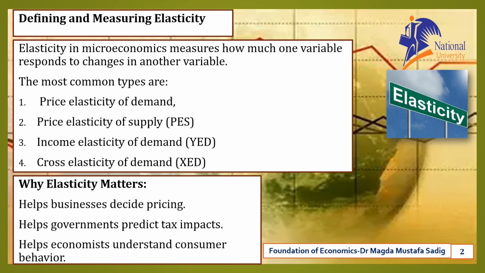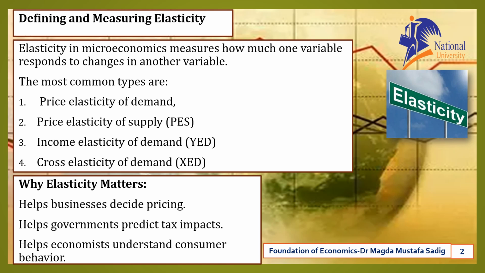Income elasticity of demand. This shows how demand for a product changes when people's income changes. For example, if your income goes up and you buy more luxury cars, that is a high income elasticity. Basic items like bread may not see much change.